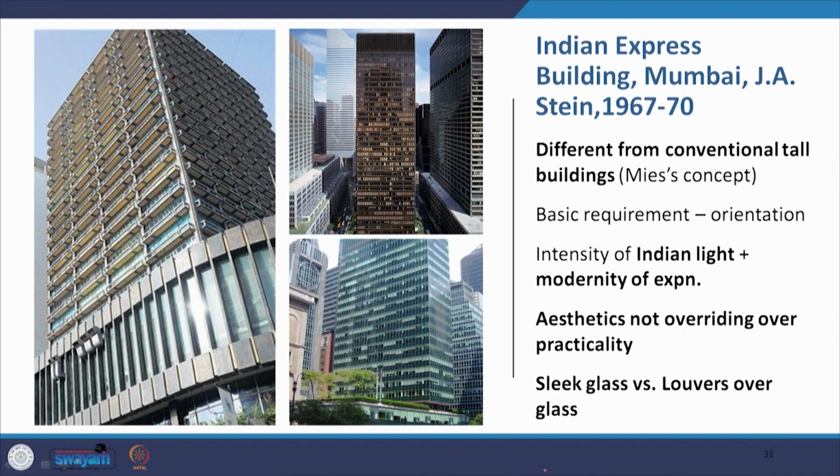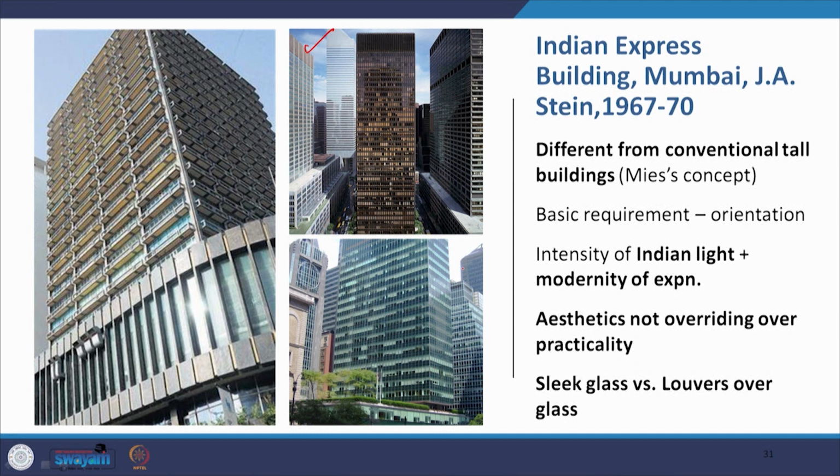Now, the third example we see is again a building by Joseph Allenstein, the Indian Express building from 67 to 70, which is a different kind of tall building. We've already seen the works of Chitale and the work of Pitavadian. Now, this is different from the conventional tall building that had already come up, the Seagram building in 1951 to 55, I believe, and this was designed by Mies van der Rohe.